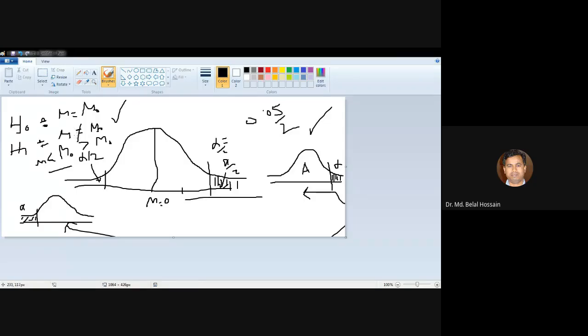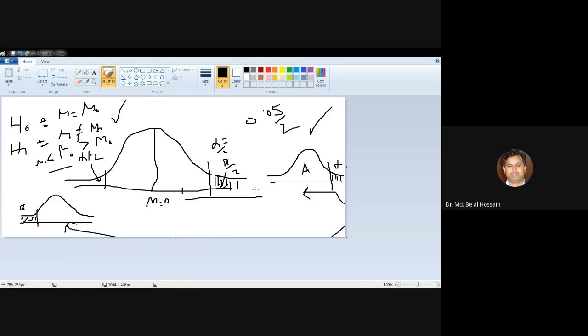Because you have two rejection regions in the two tails of the distribution. In general, this is the standard normal distribution we are trying to draw, or it can be t.